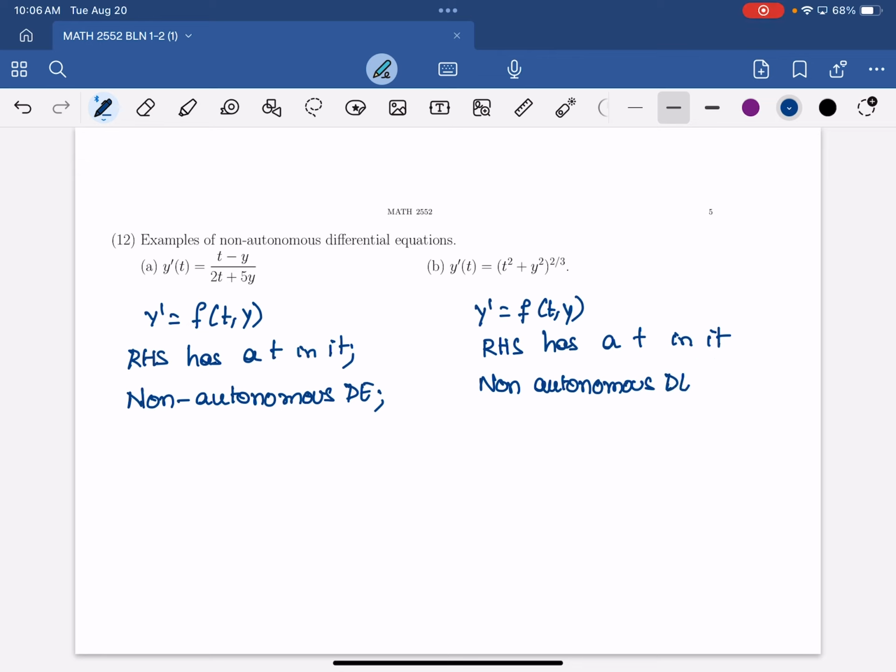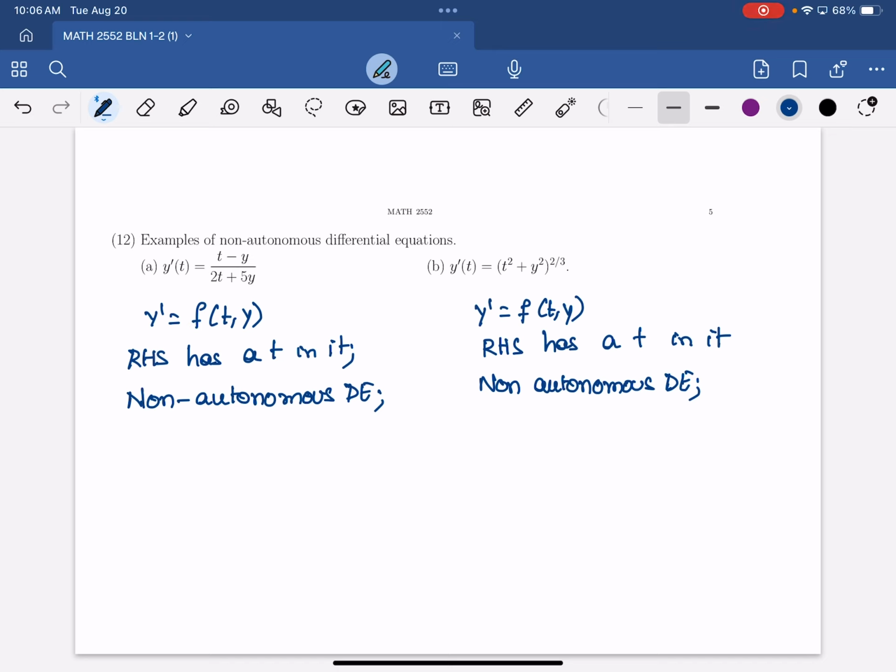Basically, if there's a t on the right-hand side, then it's non-autonomous. And the absence of t means, see, you have to make the coefficient of y prime equals 1. That's the first step. After you make the coefficient of y prime equals 1, if there is no t on the right hand side, then it is autonomous.